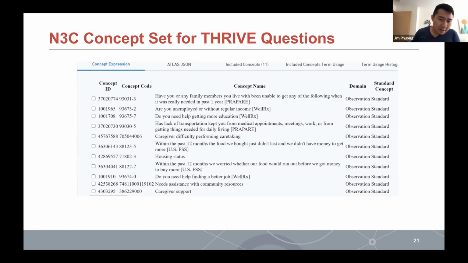And that's because some of the questions from Thrive actually were sourced from PREPARE, or they're sourced from WellRx. And we should be able to see this flow specific to this survey tool. But for one complete entry with this screening tool, every one of these questions actually needs to be captured. And it's just like a panel of questions associated to one instance of data capture.